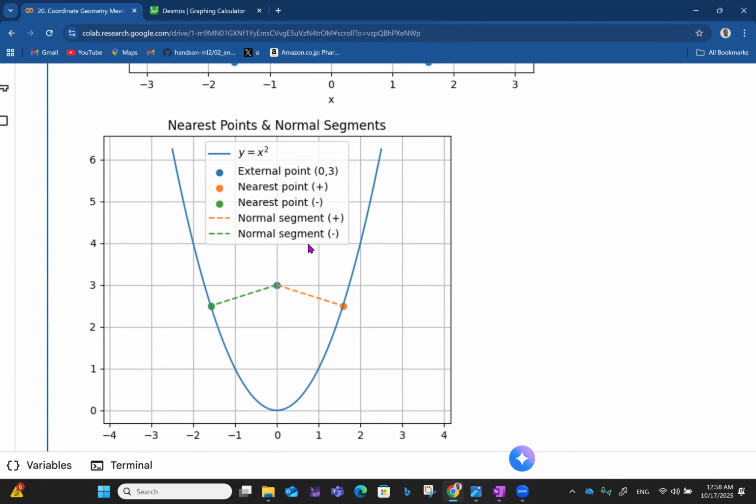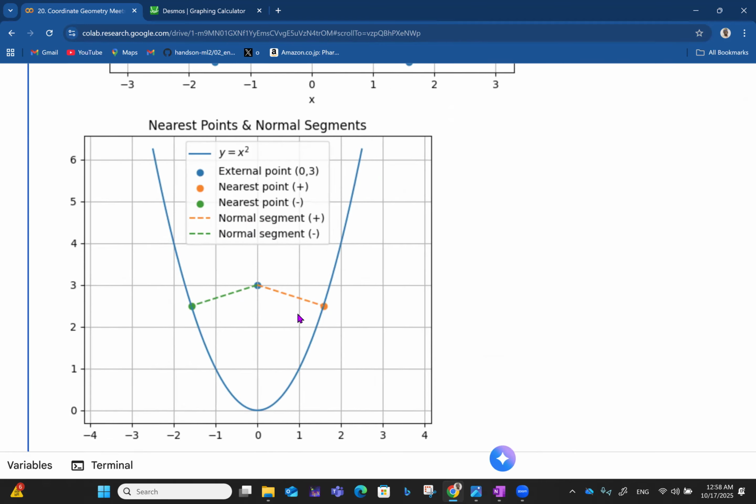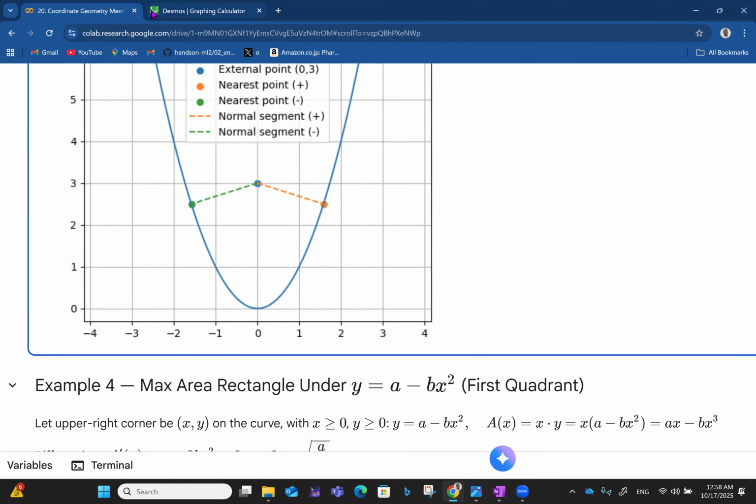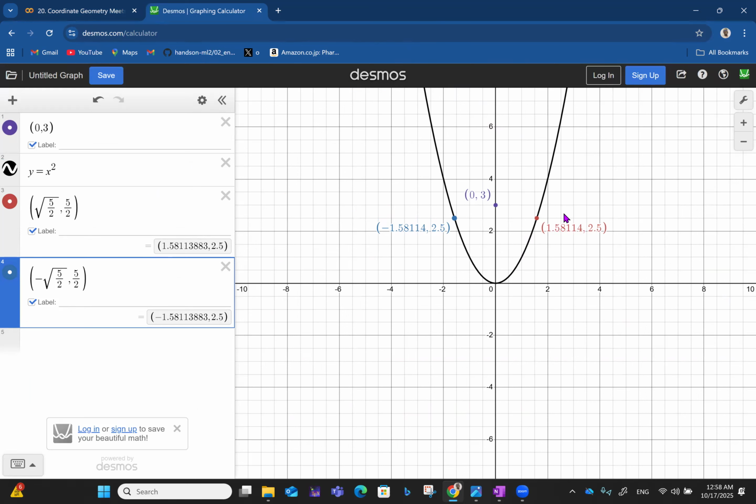Normal nearest point, that's this yellow point on the positive side. The nearest point on the negative side is the green one. Then the segment is the dotted line in orange. That's the normal segment positive. The normal segment negative is the dotted green line. And that tallies with what we have right here.